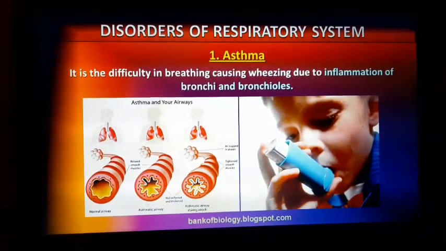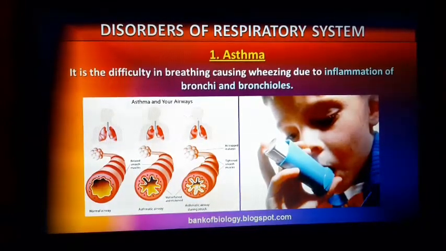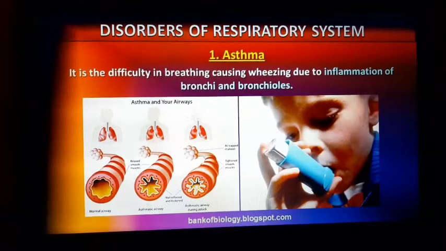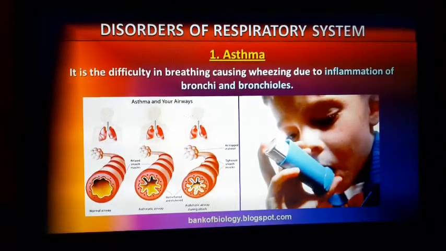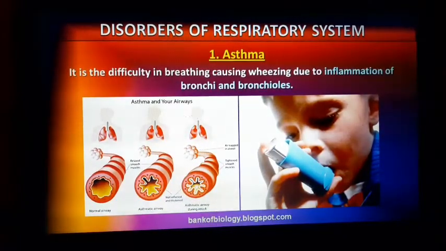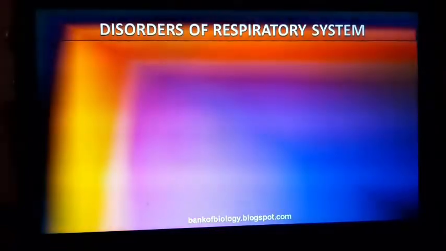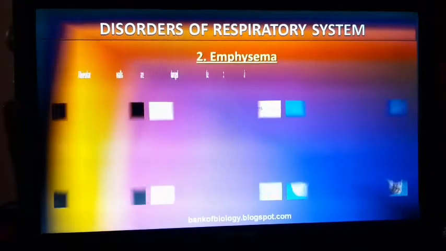As a result, it leads to infection of the bronchioles, where it leads to formation of more mucus, and that mucus leads to blockage of the air passage, leading to suffocation, and it can be relieved through certain antibiotics as well as through aerosols by oral sprays.